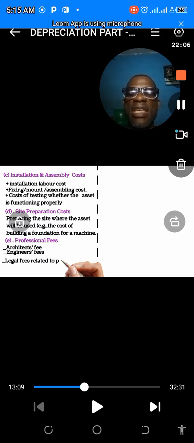That is to say, the professional fees incorporated into the cost of a non-current asset are three in number. One is the architect fee, two the engineer's fee, and three the legal fee related to the purchase contract or installation of the non-current asset.